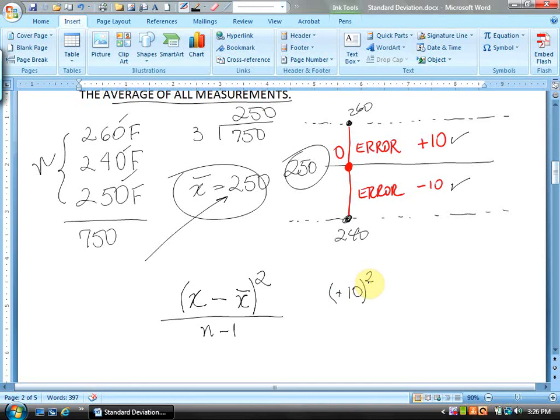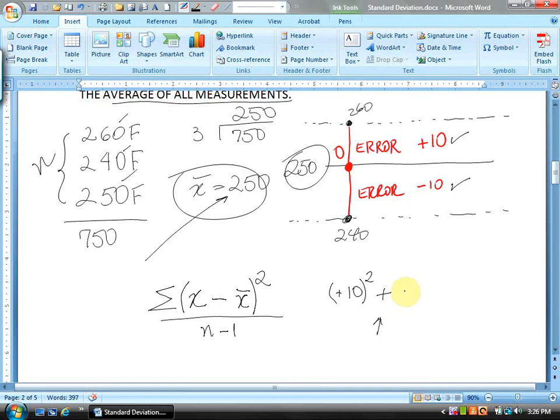Okay, so I'm going to keep doing this and adding. So the adding, the plus sign is indicated in formulas by a summation sign. This summation means a loop. You take each number minus the mean square, add, each number minus the mean square, add, and keep going until you're done with all the numbers.